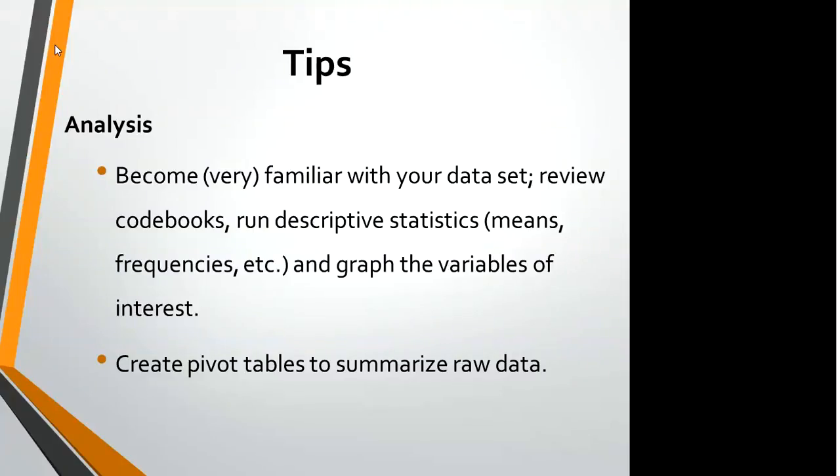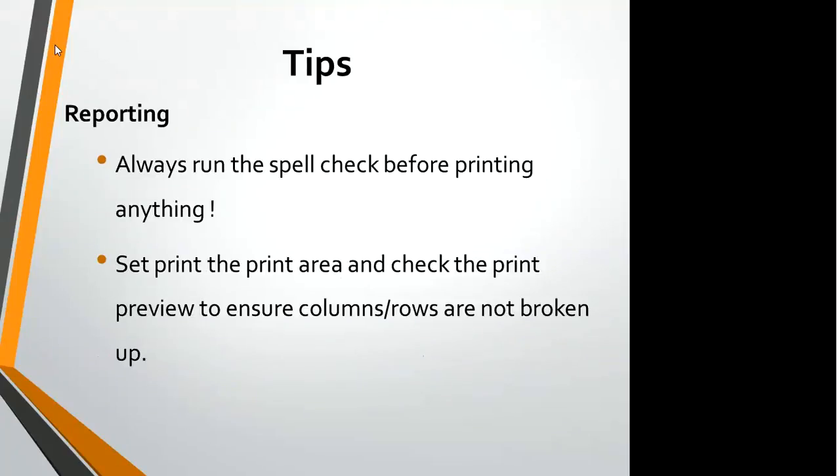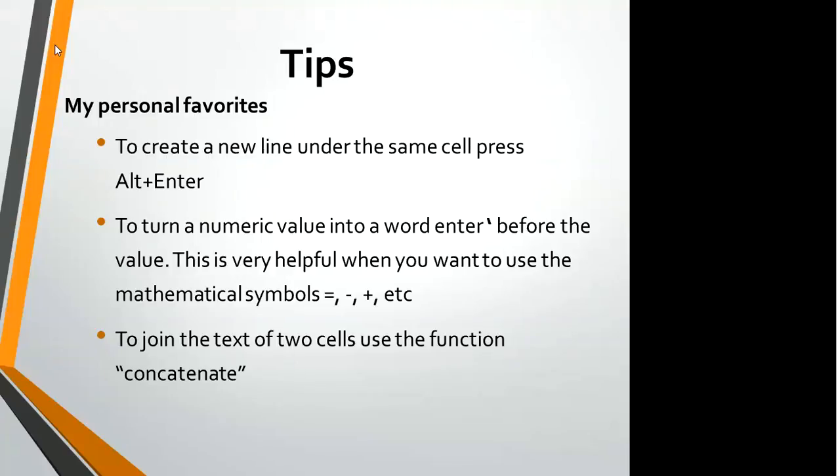And then create pivot tables to summarize the raw data. You saw how pivot tables can be super helpful to just get you a snapshot of the stuff you need. For the reporting, again, always run the spell check before you print anything. And you set the print area and you check the print preview to make sure that there's nothing broken, nothing loose. And then my personal favorites, and we're going to probably share, I don't know if you already got the presentation, but this is the alt enter that I told you.